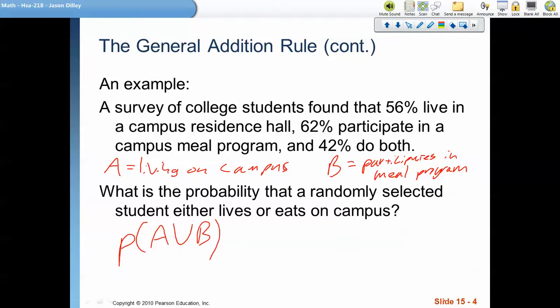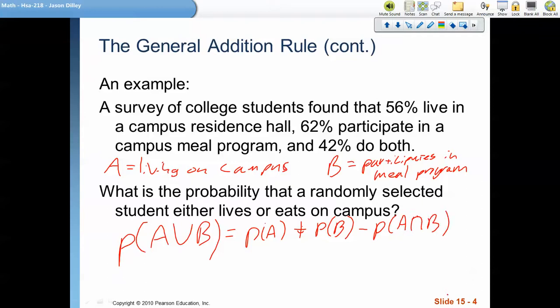The other one's not, so it must be or. So the way that this one's going to work out, these are not disjoint events. This is a straight up application of the general addition rule. So that's going to be P of A plus P of B minus P of A and B.